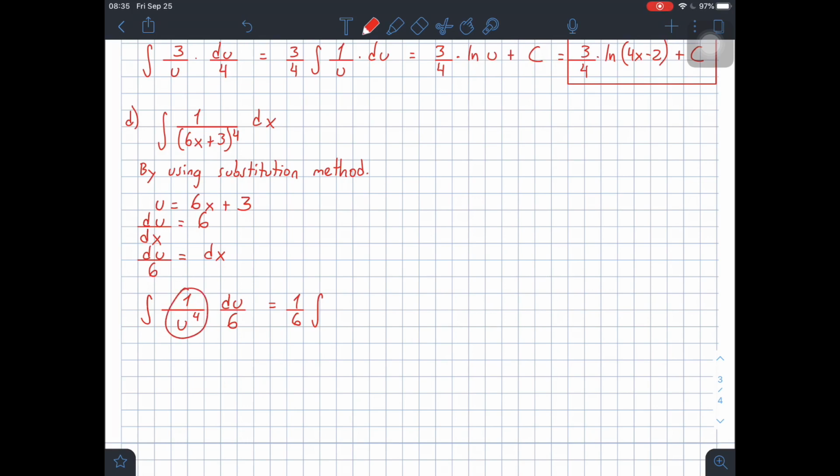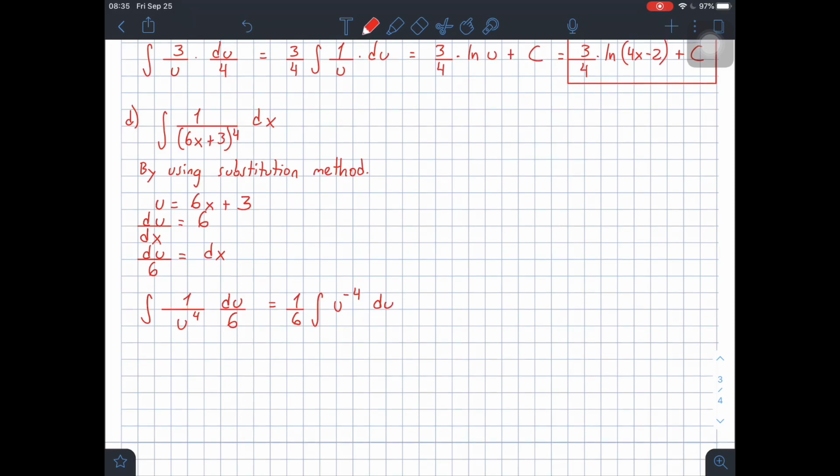We can take the u up, so this would be the integral of u to the power of negative 4 du, right? And we know how to integrate this expression. It's 1 over 6. We increase the exponent by 1. Negative 4 plus 1, that's negative 3. So times u to the negative 3 divided by negative 3. And then plus c in order to finish.